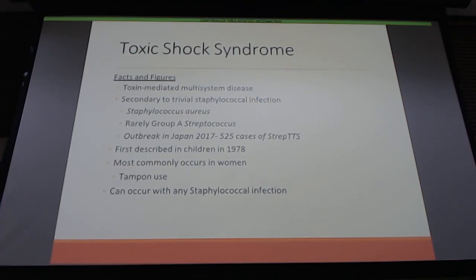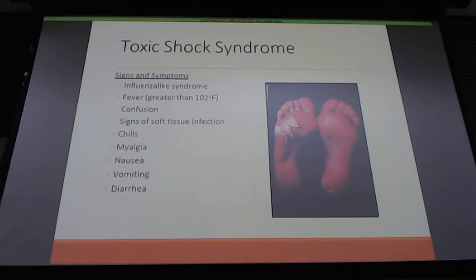The specific toxin that causes this one is TSST1. Okay. So here you're going to initially have influenza-like syndrome, fever. Confusion usually starts happening once it becomes systemic. Once it becomes systemic, the TSST1 toxin is going to be everywhere, and it's starting to destroy a lot of things.